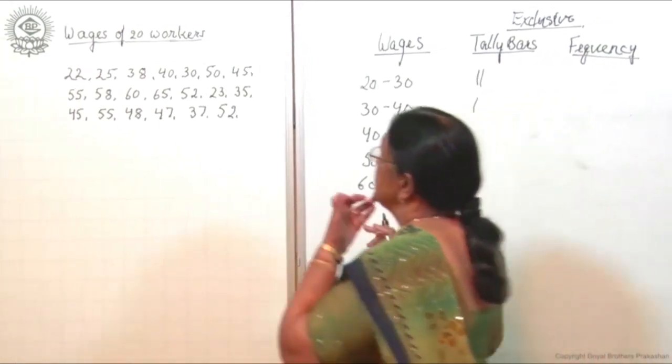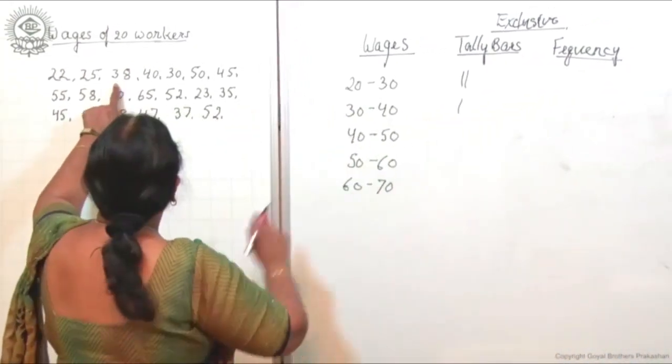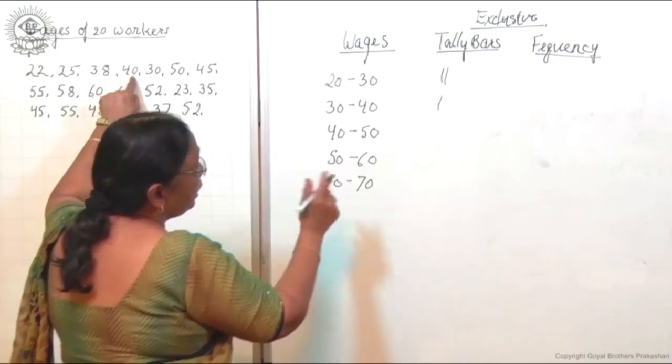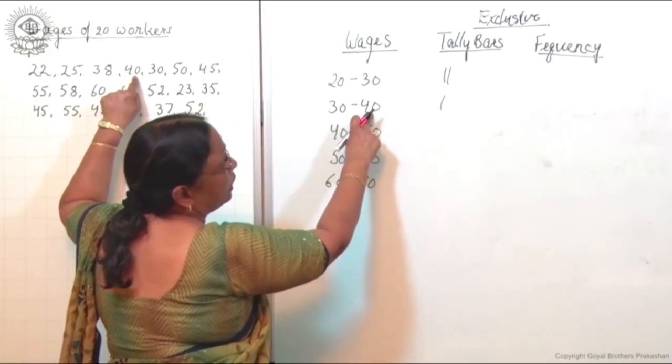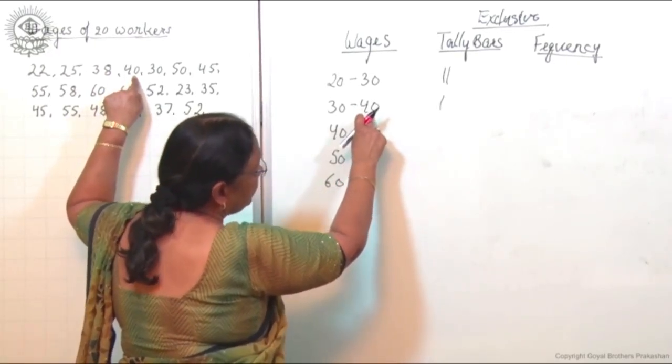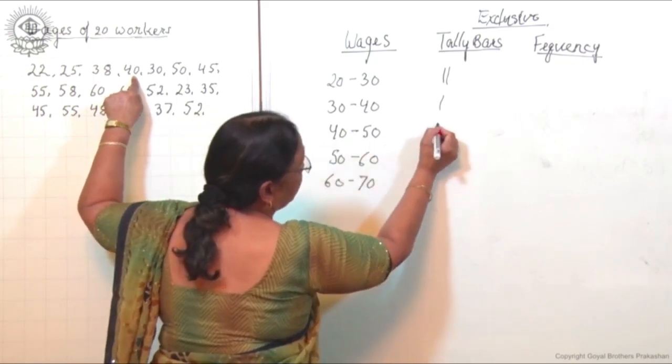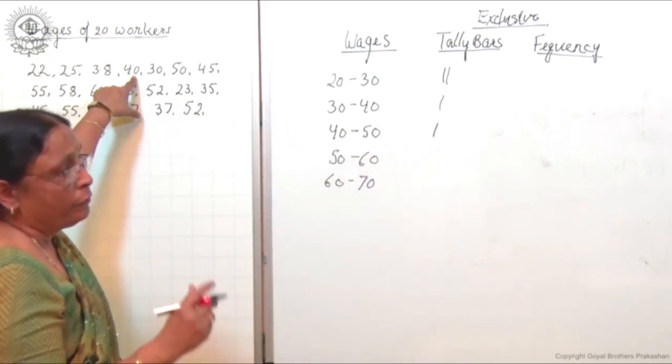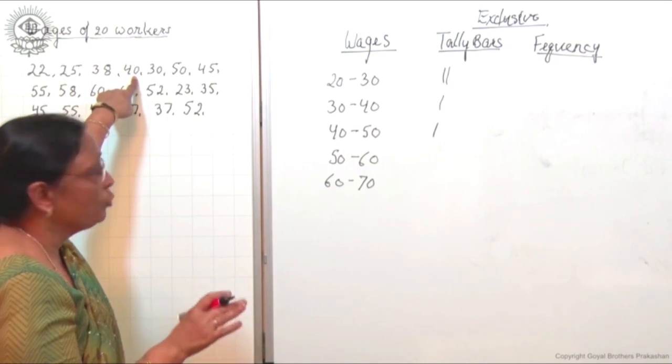Now in this case, 38 we have added up, 40 we are not going to add. In the case of exclusive series, we learned not to add up here, we will add 40 here, because from the upper limit we have to exclude it.